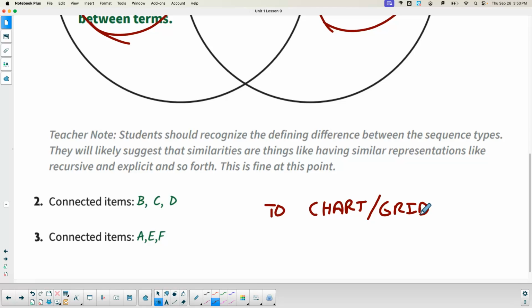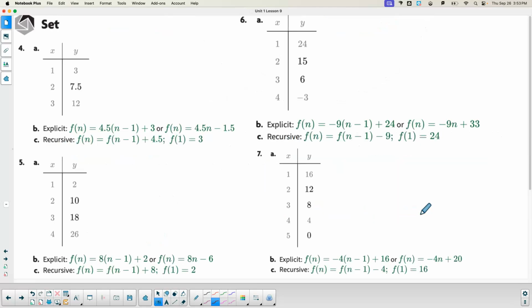They wanted you to connect the situation in number 2 with those 6, which one matches up. And the same with the different scenario for number 3. So there's that. Here are the answers to 4, 5, 6, and 7. Pause here so that you can check those out.